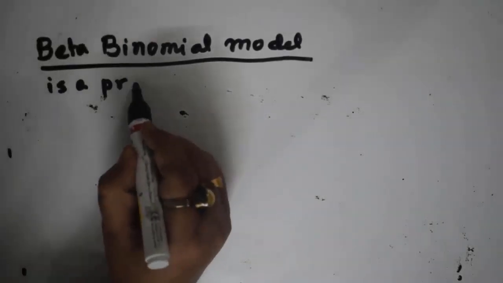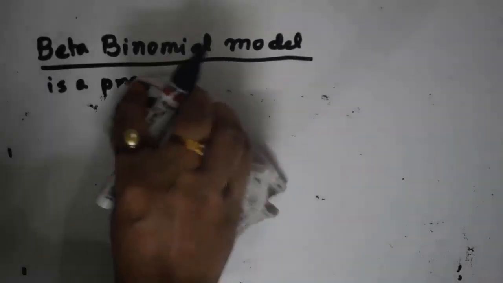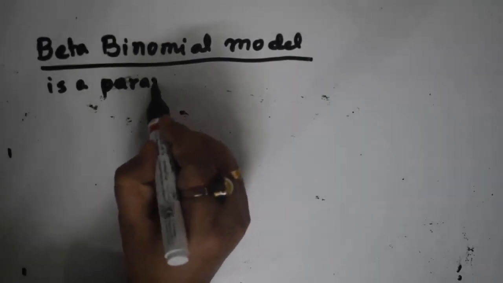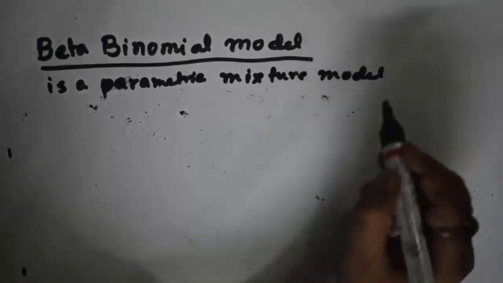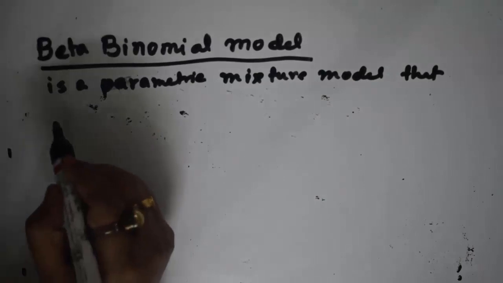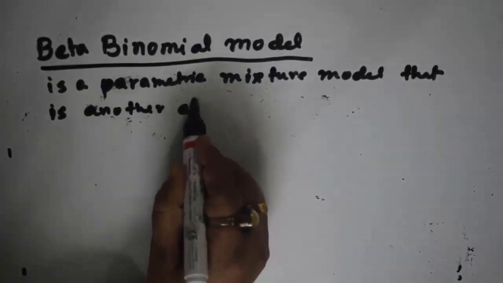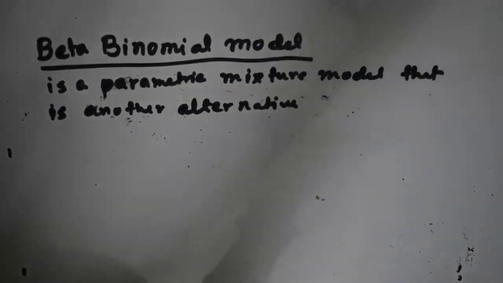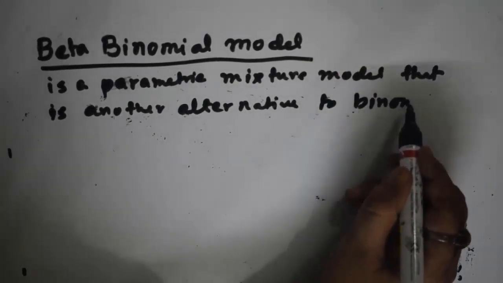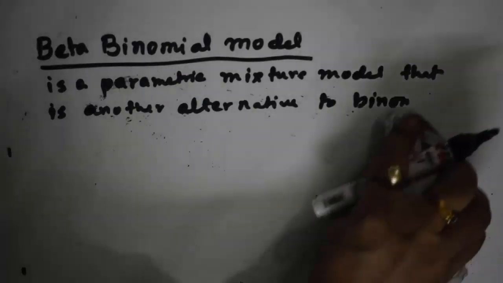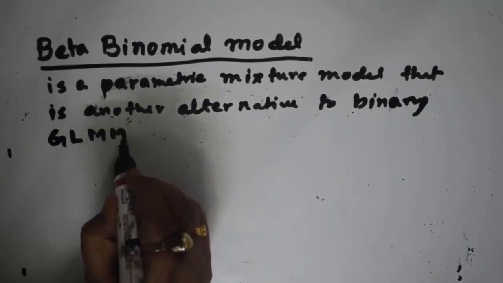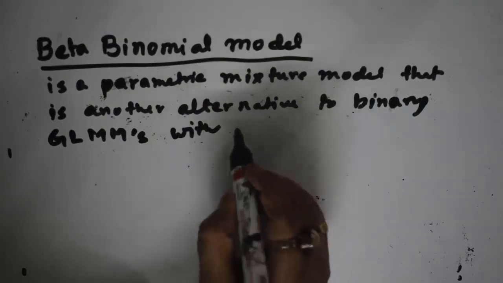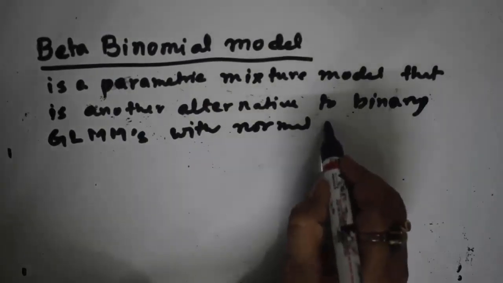The beta binomial model is a parametric mixture model that is another alternative to binary GLM with normal random effects.